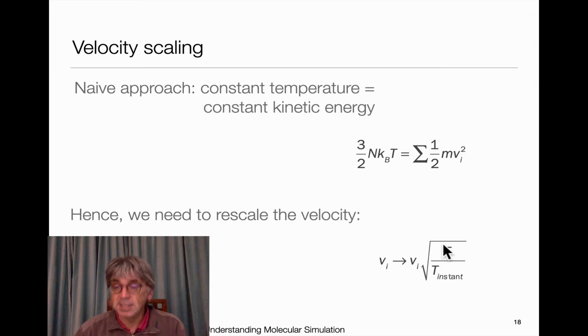So why can we not simply use this formula to ensure that the kinetic energy corresponds to exactly the temperature we're interested in? For that, we need to look a little bit more carefully at the statistical thermodynamics, and define a little better what we mean by constant temperature.